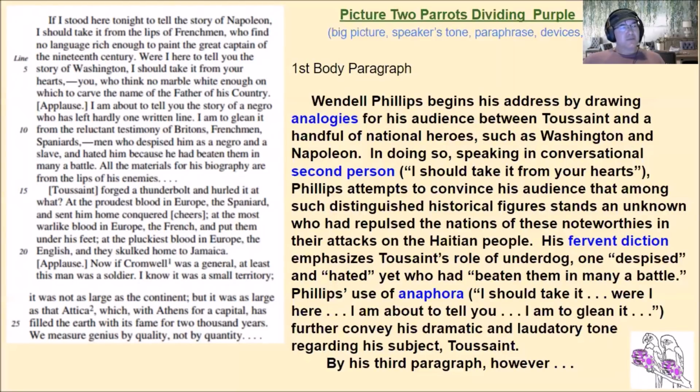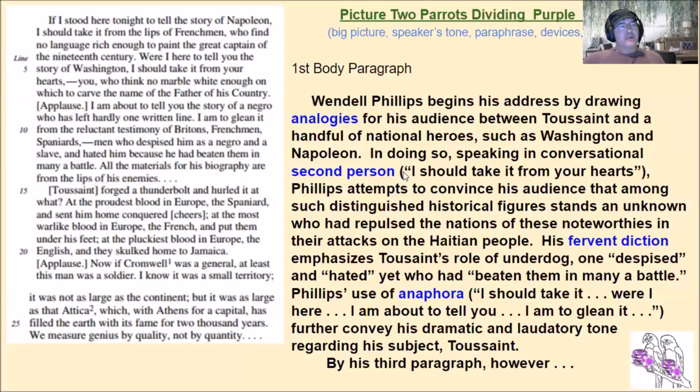His fervent diction emphasizes Toussaint's role of underdog, one despised and hated, yet who had beaten them in many a battle. Phillips uses anaphora, "I should take it," "where I hear," "I am about to tell you," "I am to glean it," further to convey his dramatic and laudatory tone regarding his subject.